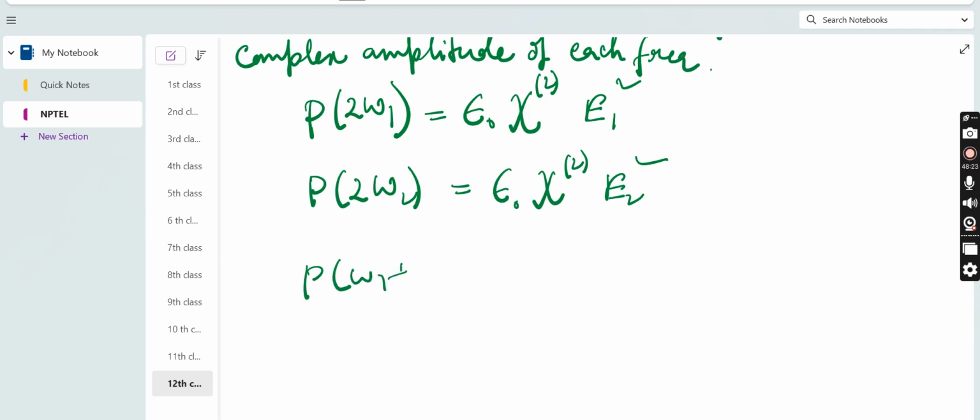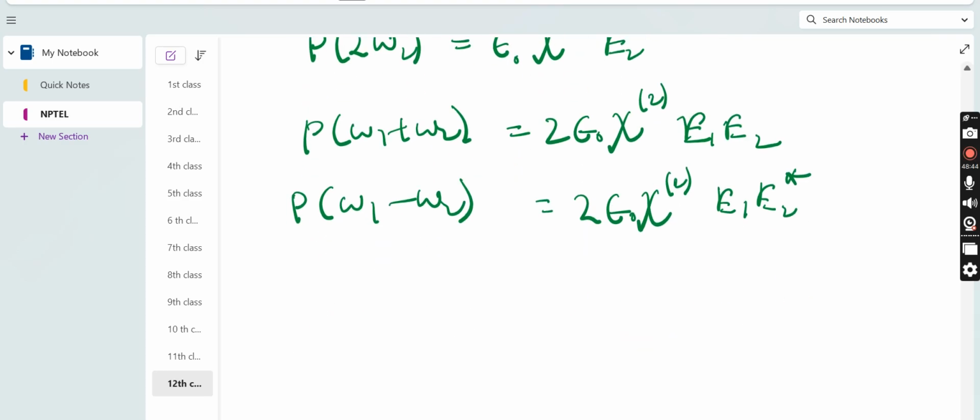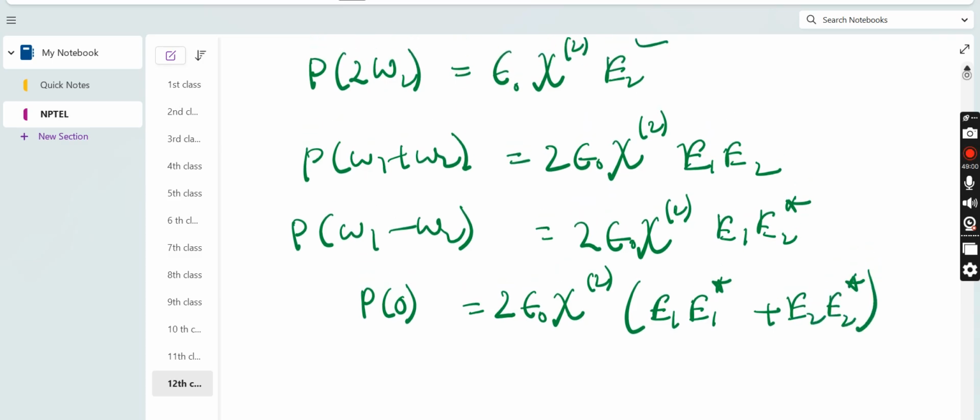And the complex term for omega 1 plus omega 2 is 2 epsilon naught chi 2 E1 E2, and for omega 1 minus omega 2 you get 2 epsilon naught chi 2 E1 E2 star. And the zero-frequency polarization is determined by 2 epsilon naught chi 2 (E1 E1 star plus E2 E2 star).